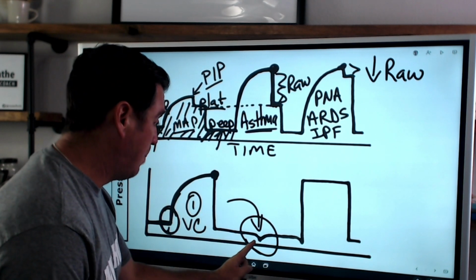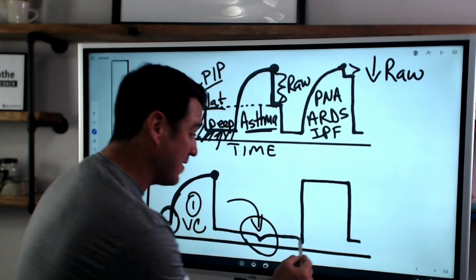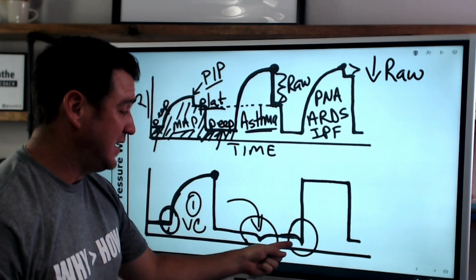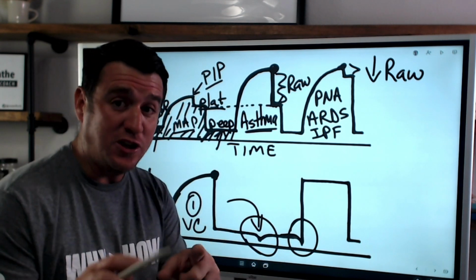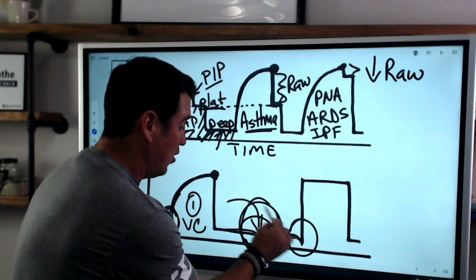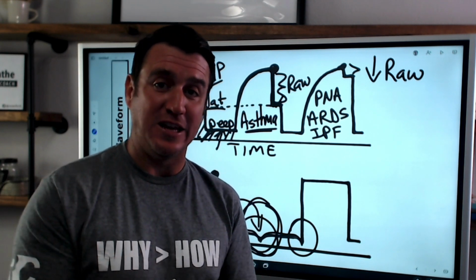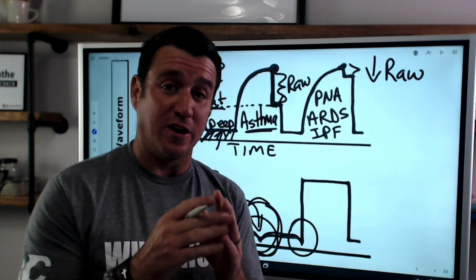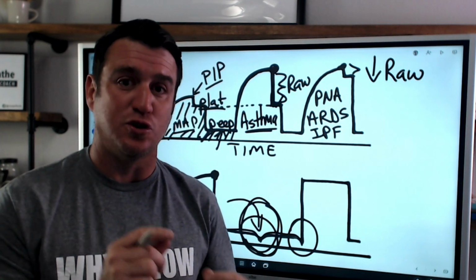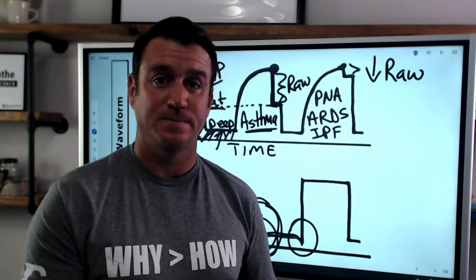But look, there was no breath that came and resulted from it. Here, we see the diaphragm dropped and a breath was initiated. So when you see a dip in the baseline without a subsequent breath, then you know you are looking at a situation where there is a failure to trigger. There is a failure for the ventilator to recognize that the patient is trying to initiate a breath.